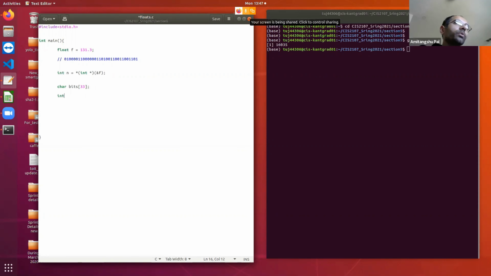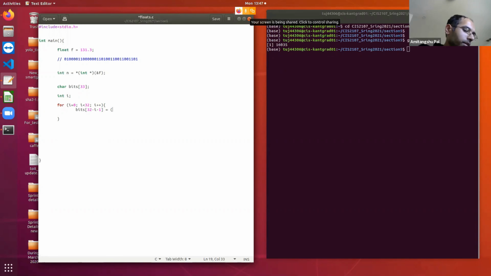And then I need to run a loop. So let me first write down the loop, and then I can explain. i equal to 0, i less than 32, i plus plus. I can convert it in different ways. One way is the following: bits of 32 minus i minus 1. So when i is 0, it is going to be 31.